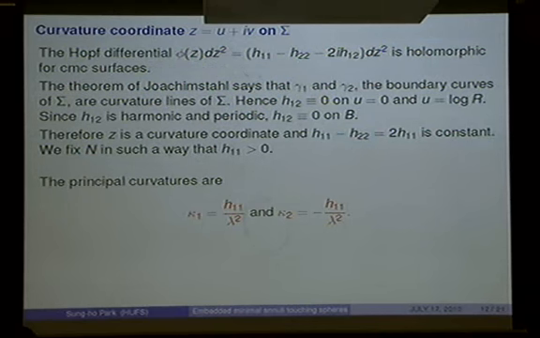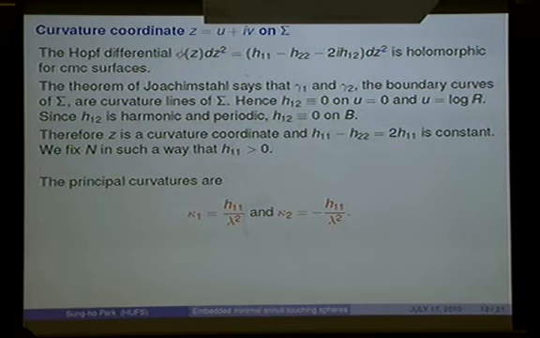Then the Hopf differential is holomorphic for CMC surfaces, and the theorem of Joachimsthal says that gamma 1 and gamma 2, the boundary curves, are curvature lines of sigma, because the sphere is totally oblique and the contact angle is constant. So this implies that H12 is 0 on u equals 0 and u equals log r.